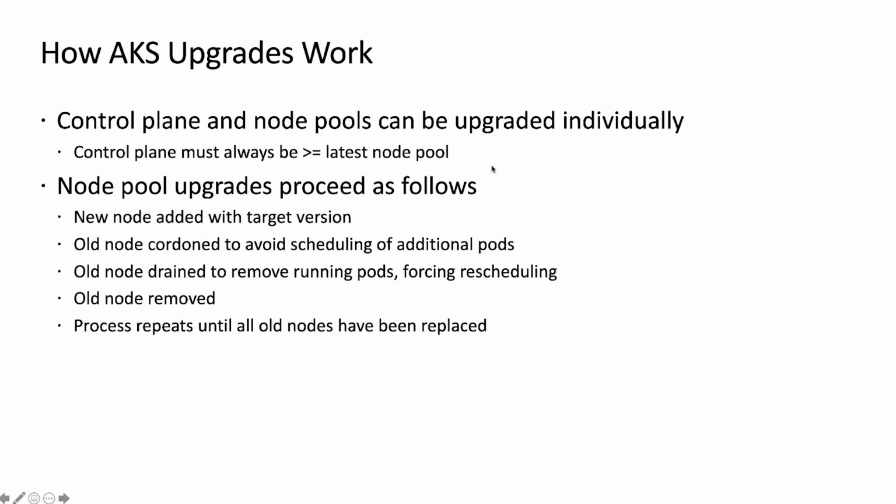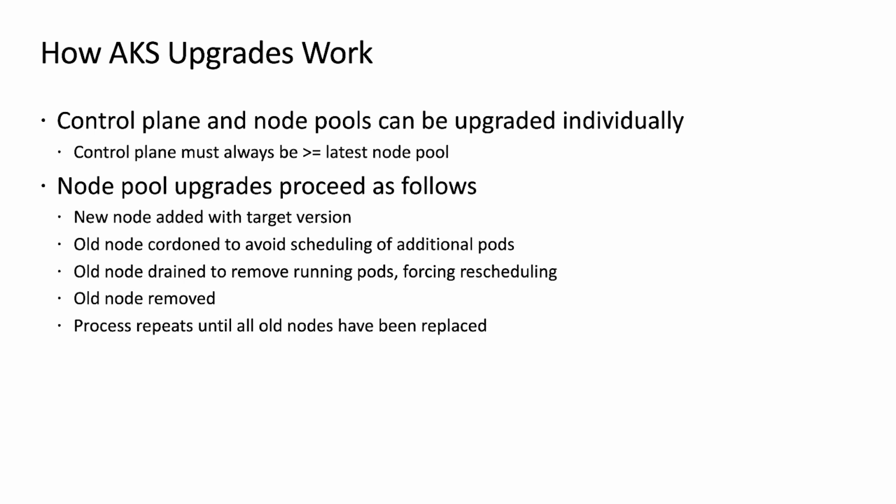Now, of course, it's the node pool upgrades that are the most interesting, and that's where we get into the value of something like a pod disruption budget. So the way that those work is we initially will add a new node into the node pool with the target version. So if you're moving from, say, 1.16 to 1.17, the new node will be based on 1.17.